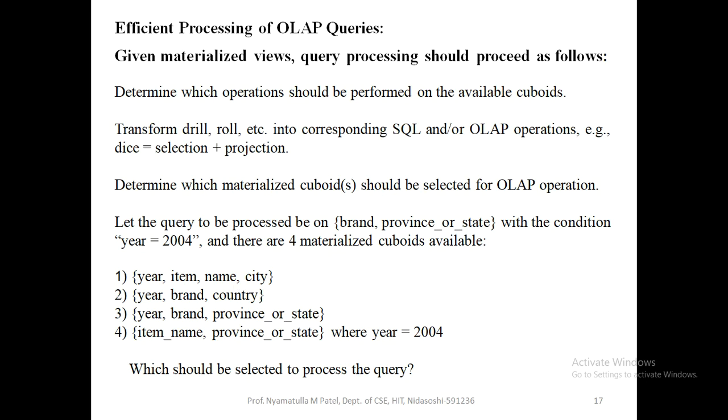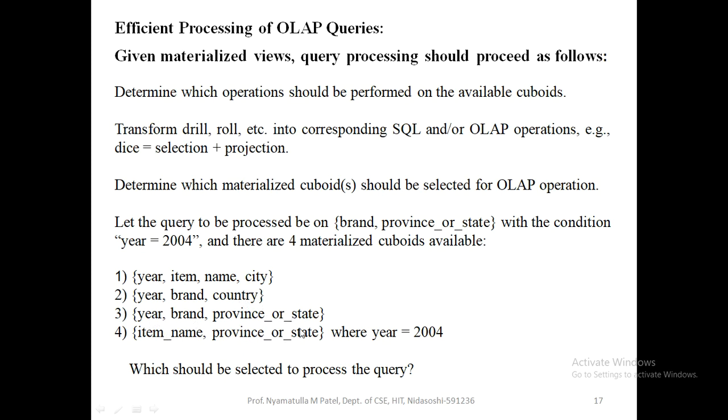So, here which should be selected to process the query? Year, item name and city: here province or state is not present and brand is also not present. Here year and brand are present, but country, not state. Here year is present, brand is present and state is present. Here item name and province or state is present.